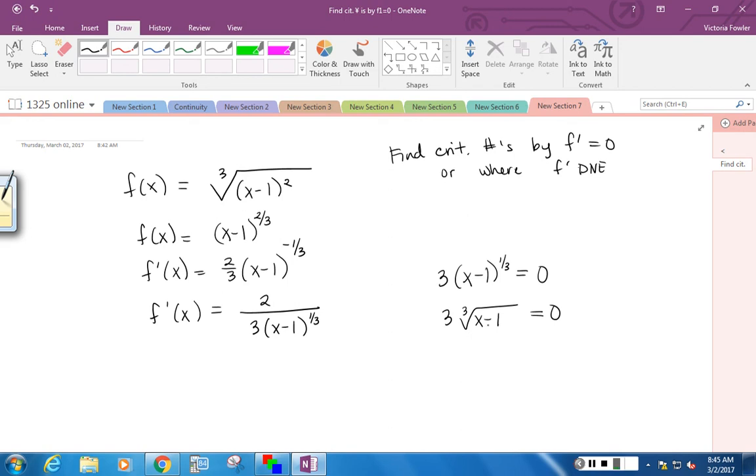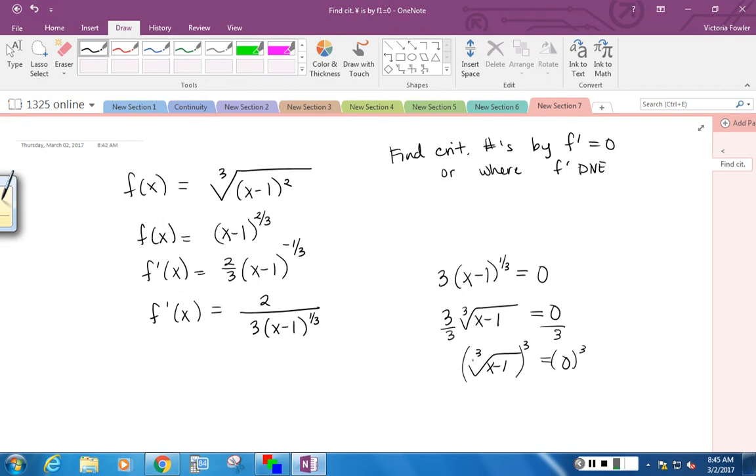And if I go through solving equations with radicals, what you do is you isolate your radical. So I could divide both sides by 3. Well, 0 divided by 3 is still 0. So I have the cube root of the quantity x minus 1 equals 0. And then what you do is you raise it to the power of that index.